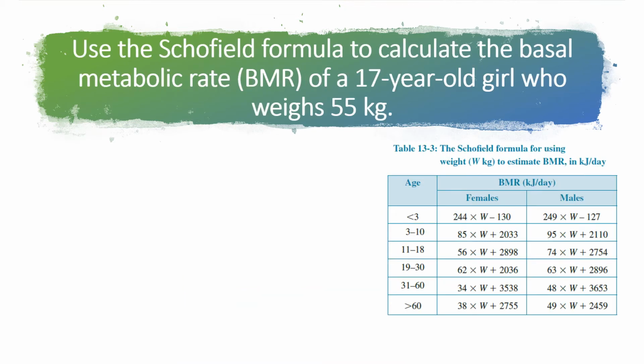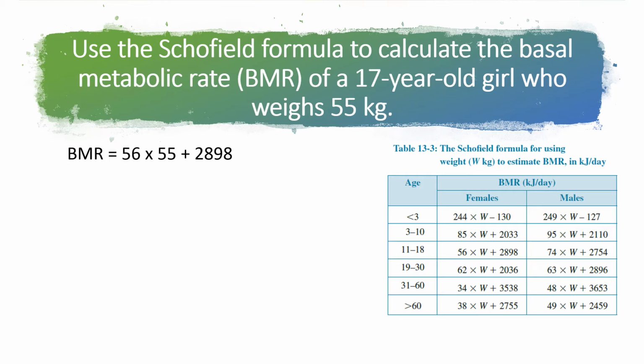So let's have a look at an example. Use the Schofield formula to calculate the basal metabolic rate of a 17-year-old girl who weighs 55 kilos. So if we have a look at the table and we go down to where 17 falls in the age brackets, which is between 11 and 18, we go across, we can see that she's a female.